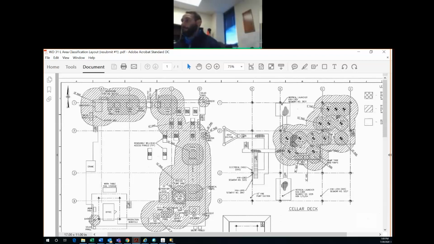So why is there a difference? Why are there 2 different documents and 2 different ways to classify your platform? Well, I think the answer is that the European standard, the International Electric Code, IEC, came up with a way to designate or classify a platform, and it had 3 different zones.